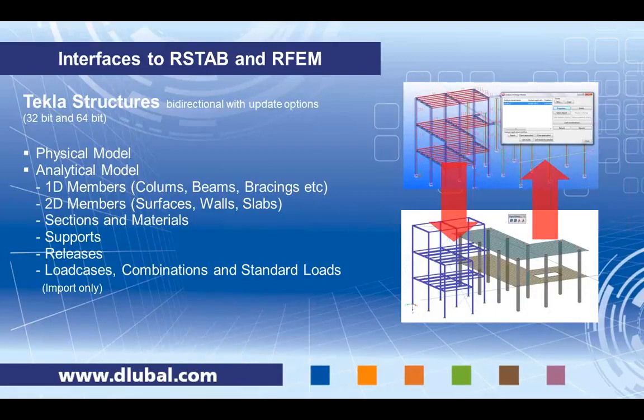So in the analytical model, we have to overcome this gap and provide a connection, basically bringing together all load-carrying parts in one structural wireframe model. It's a mechanically correct model that includes 1D members like columns, beams, or bracings. It may include walls, slabs, or other surfaces.